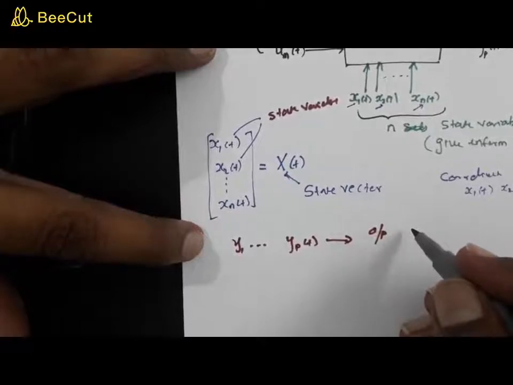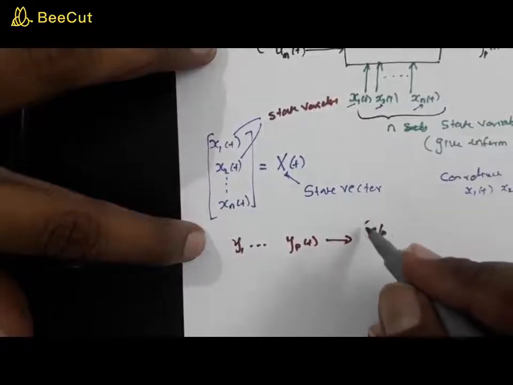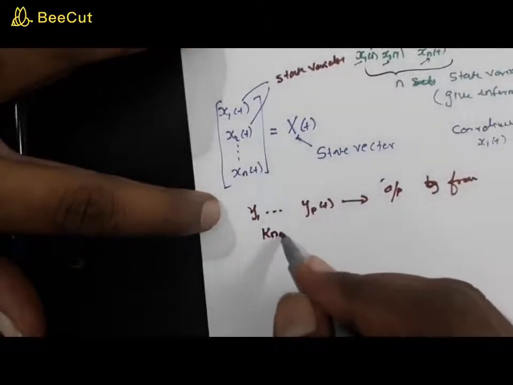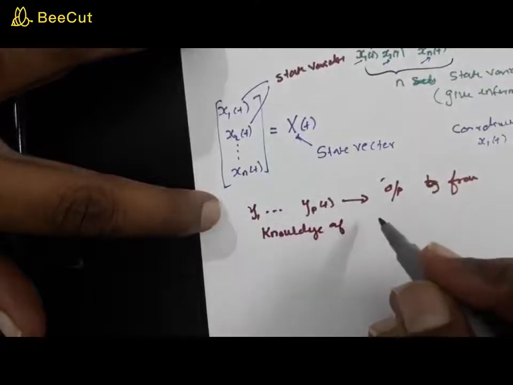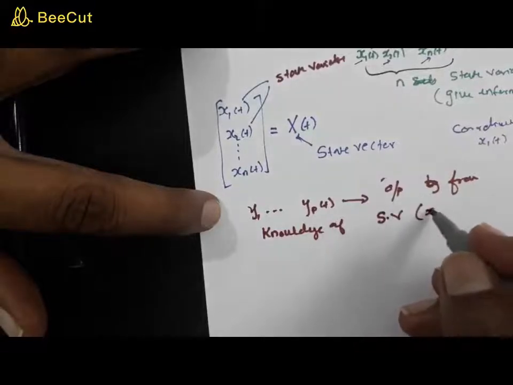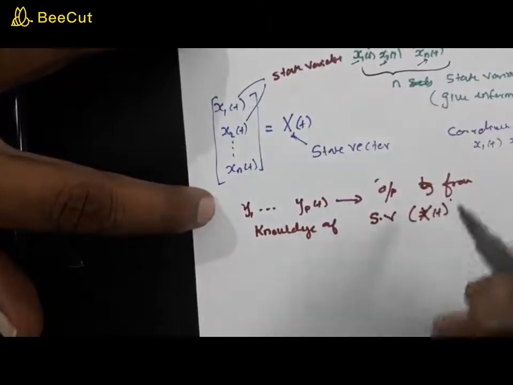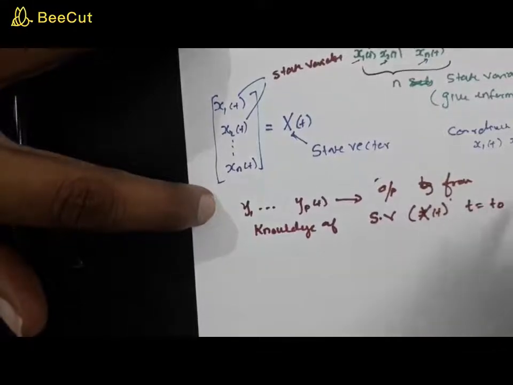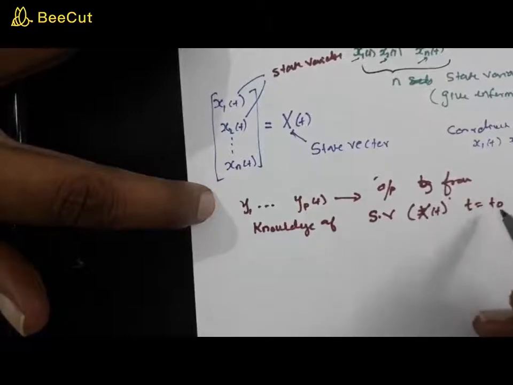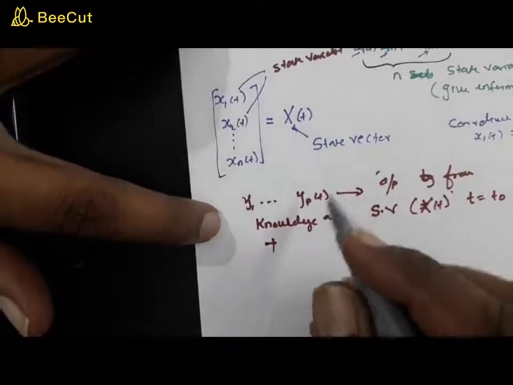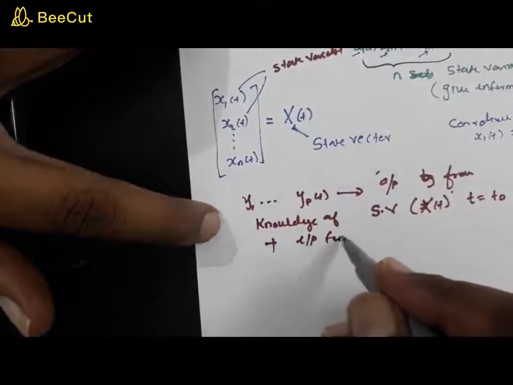These outputs are obtained from the knowledge of the state variables, in this case x of t, at t equal to t0, the moment at which you give the input, and the knowledge of the input for t greater than or equal to t0.